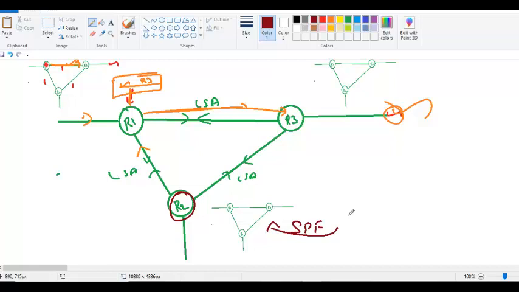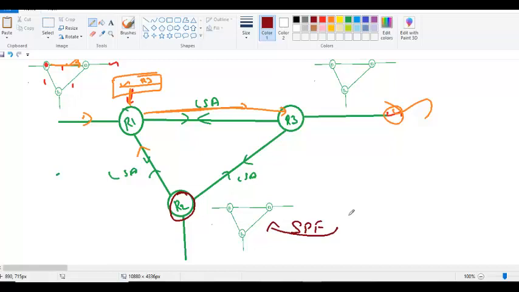So the link state routing protocol says, I'll give you all that I know, the link state info, networks. You decide by running the SPF algorithm. So OSPF runs that SPF algorithm on the information collected in the link state database. What database? Link state database, LSDB.